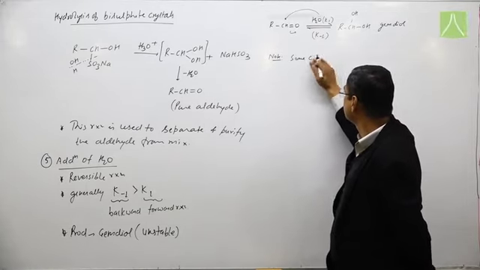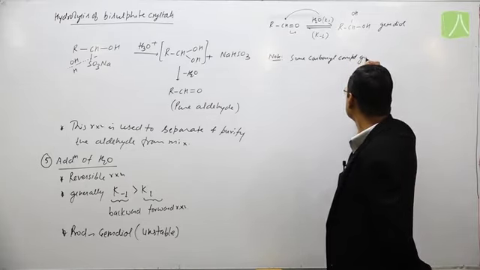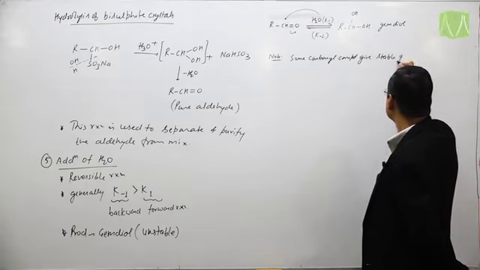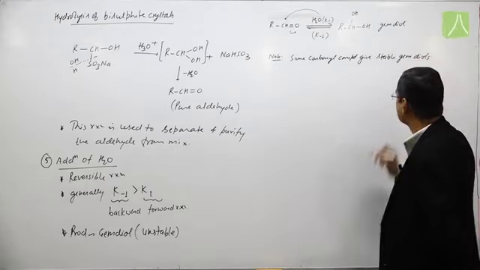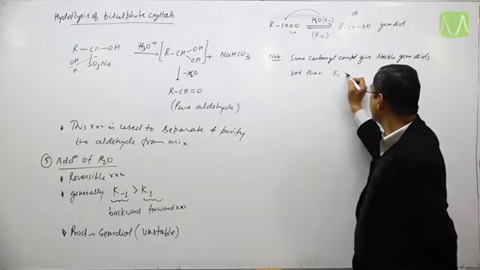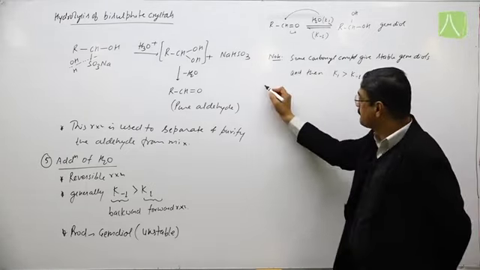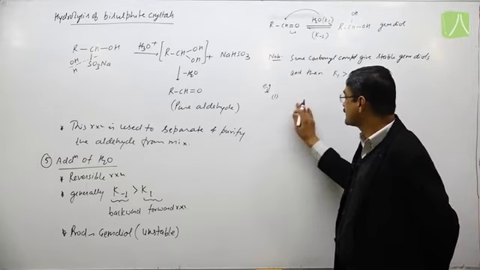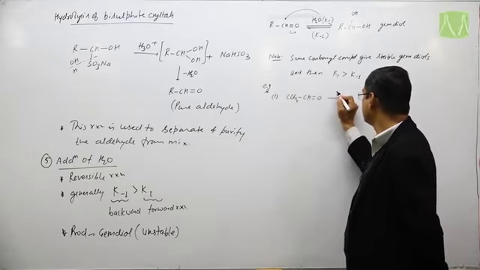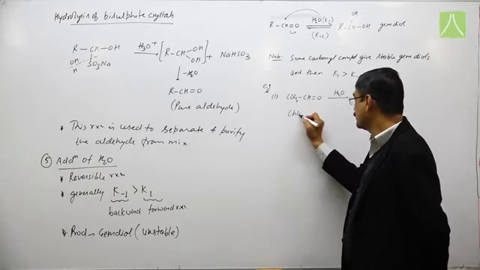Now some carbonyl compounds give a stable gem diol, and then K1 is greater than K-1. For example, first, CCl3CHO, known as chloral.